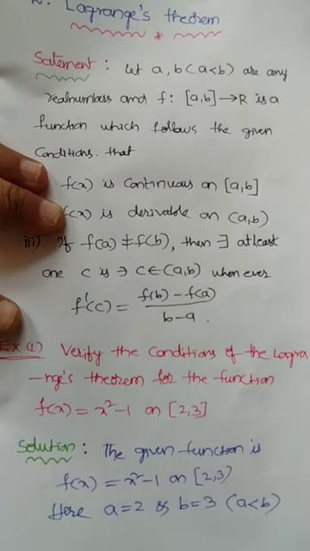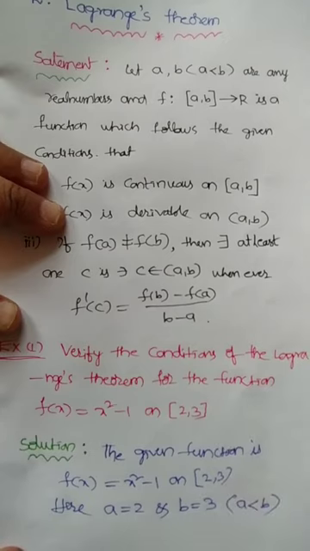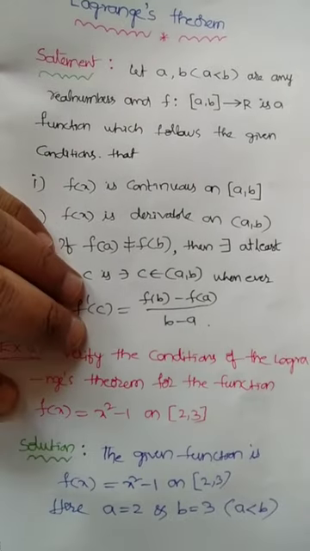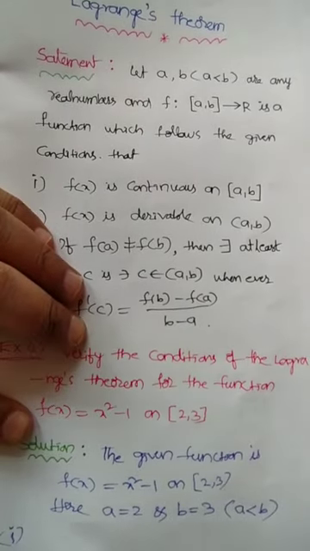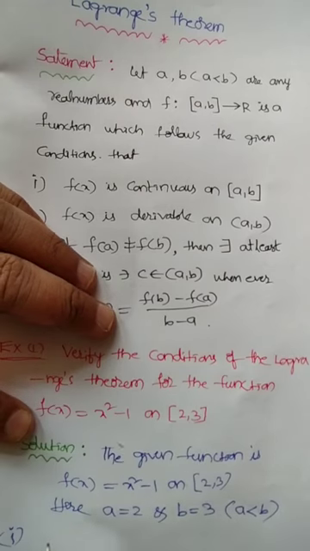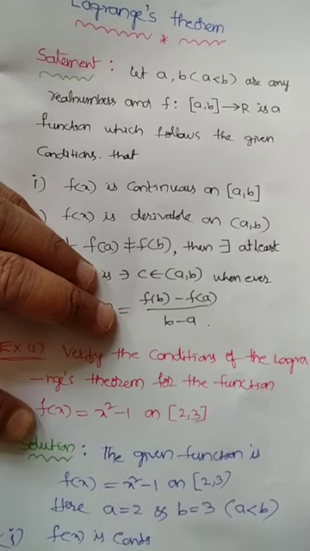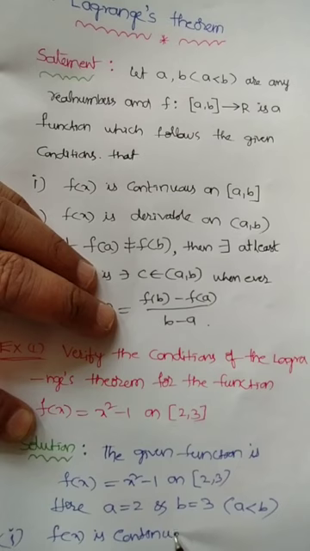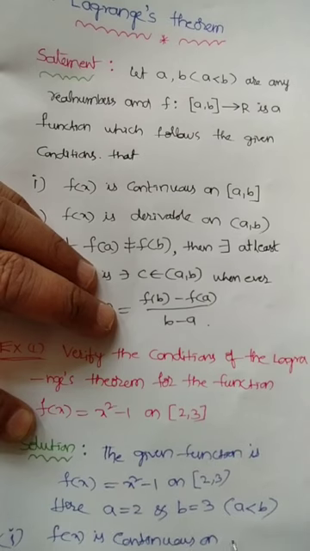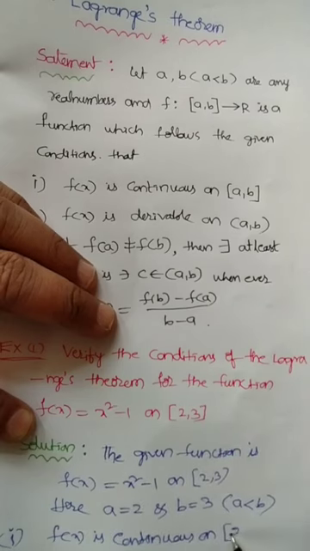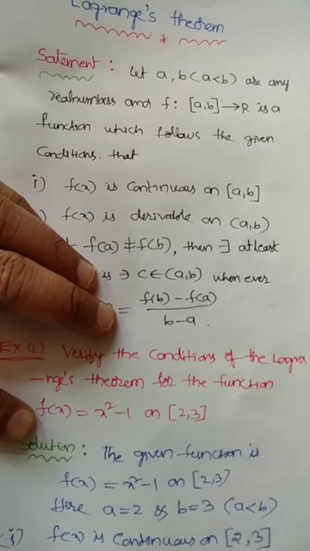Okay, now the first condition. What is our first condition? Since f of x is a polynomial function, it is continuous on the closed interval a comma b. F of x is continuous on the closed interval a comma b, which is 2 comma 3.